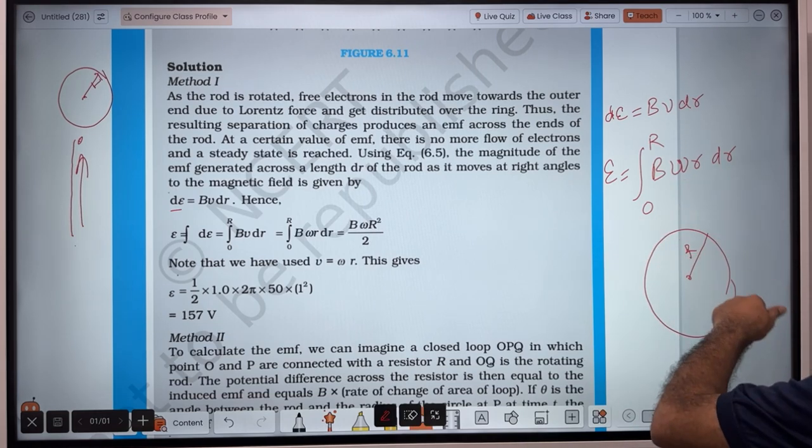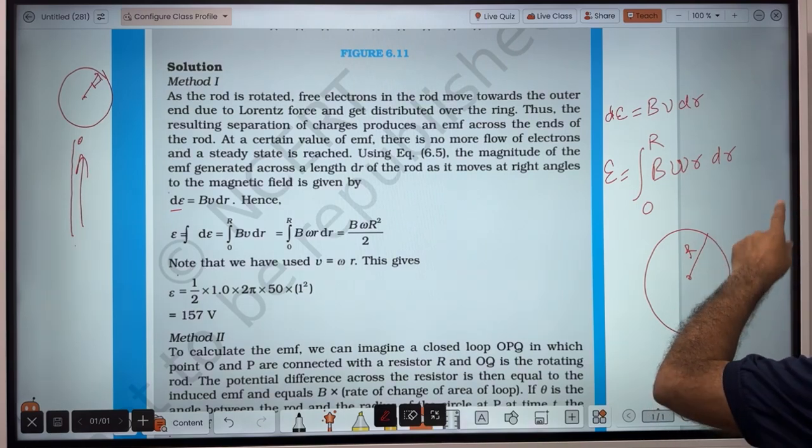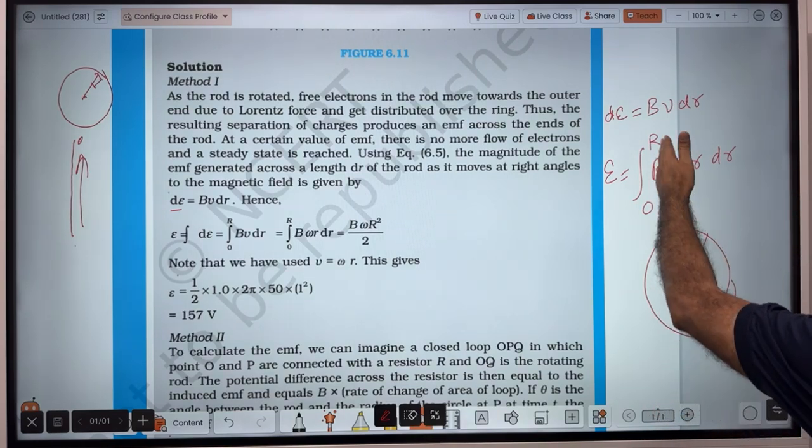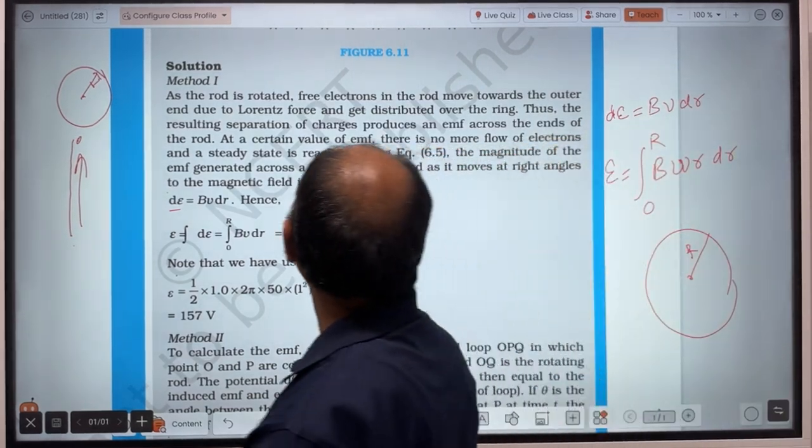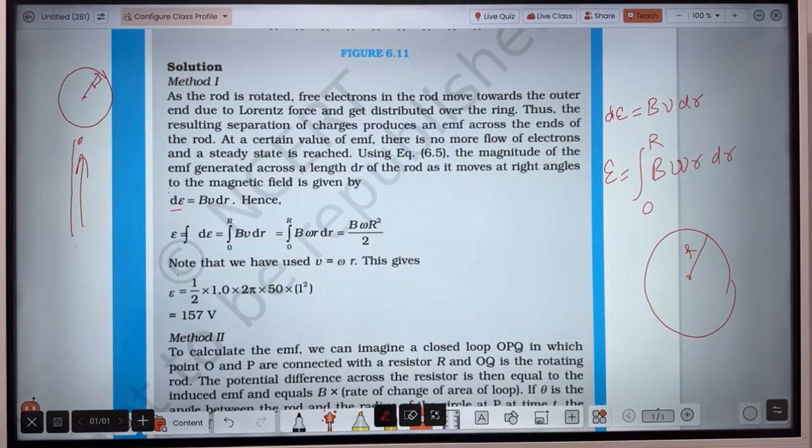If we evaluate it, this will become B omega R square by 2.